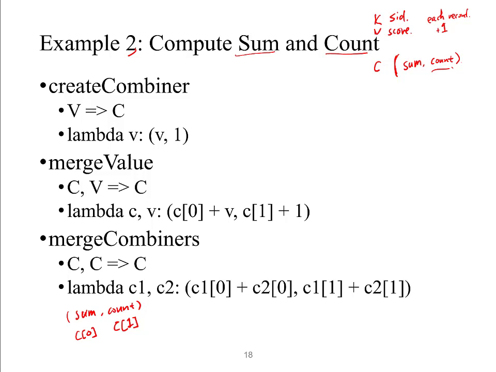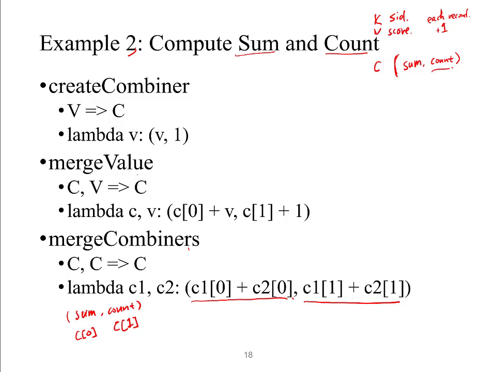For sum, we have sums from different partitions corresponding to the same key. So we add them together to get the sum across different partitions. And for count, we also have counts from different partitions for the same SID. That's why we also add up the counts together to get the final count. So this is what we do for merge combiners.